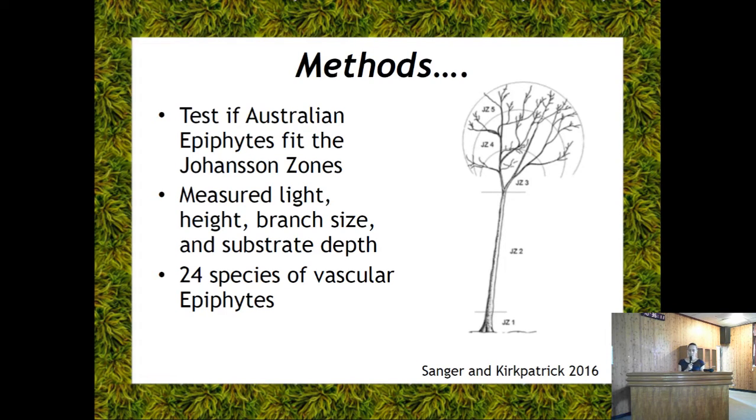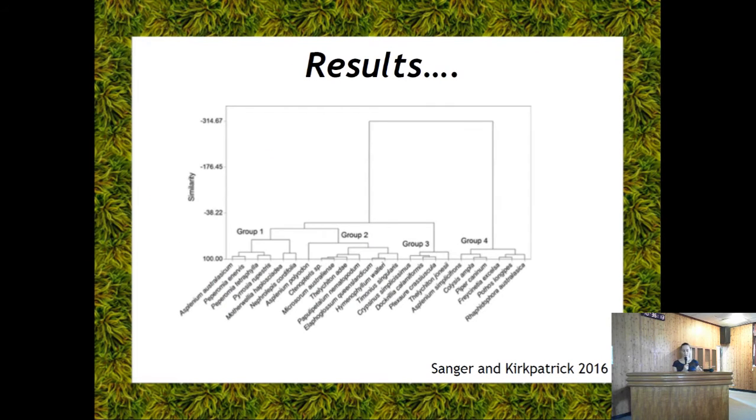I wanted to look at how the different epiphyte communities were related to each other and how they fit within the zones. So I used a Euclidean distance matrix to see how similar each species was in terms of the measured habitat features, and I used Ward's method to perform a cluster analysis to come up with these 4 groups of species.